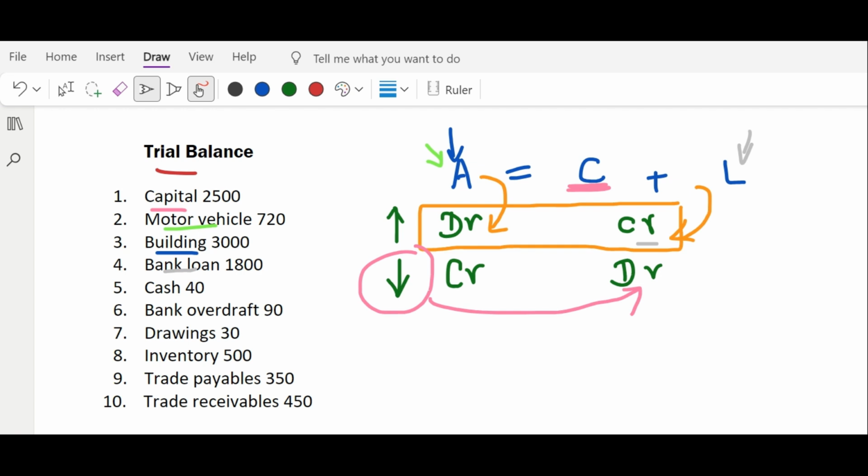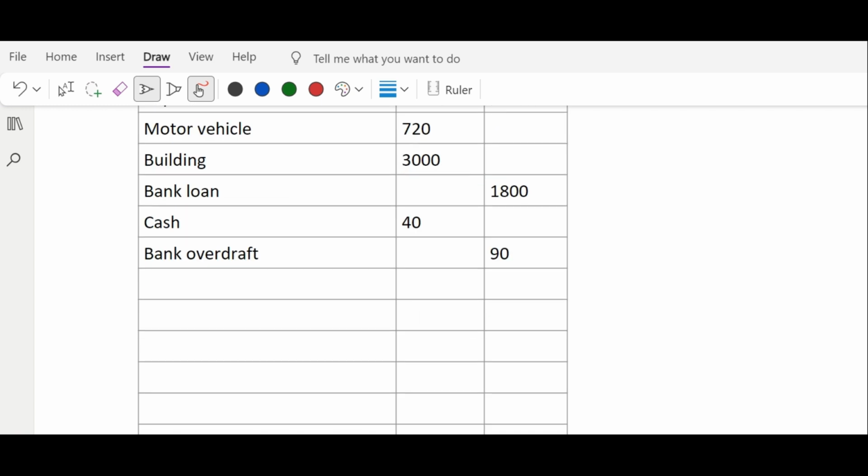And another easy way to remember this is look at the first two letters of the word drawings. DR, it's debit. Just remember it like that. That's easier. So drawings 30 debit.